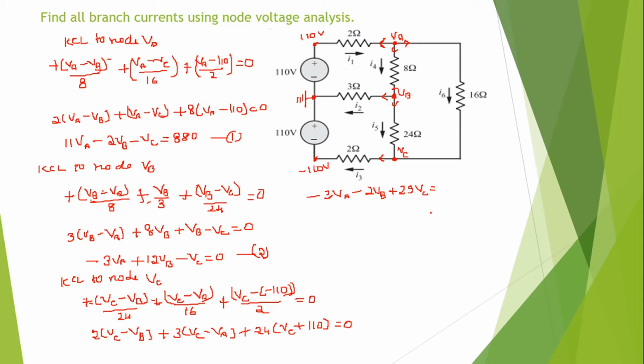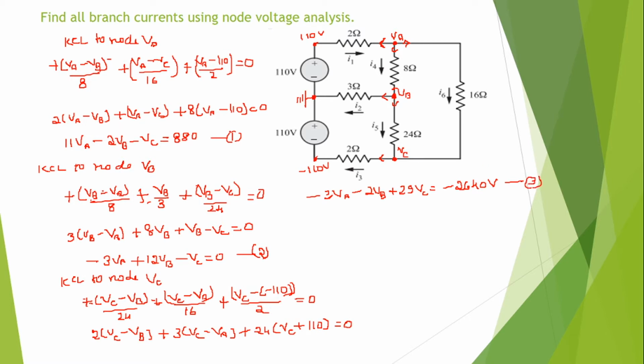So it becomes minus 2640 volt. Minus 3VA minus 2VB plus 29VC equal to minus 2640. So this is equation 3.